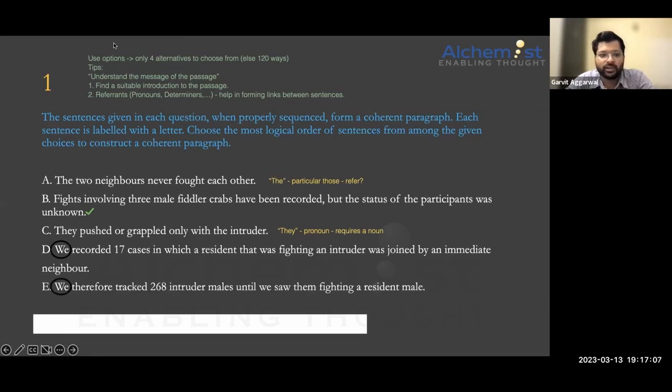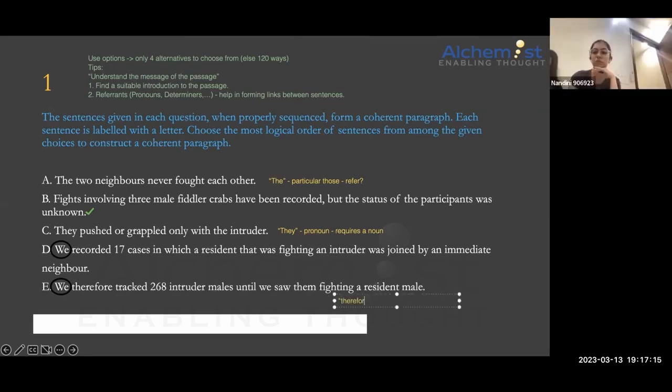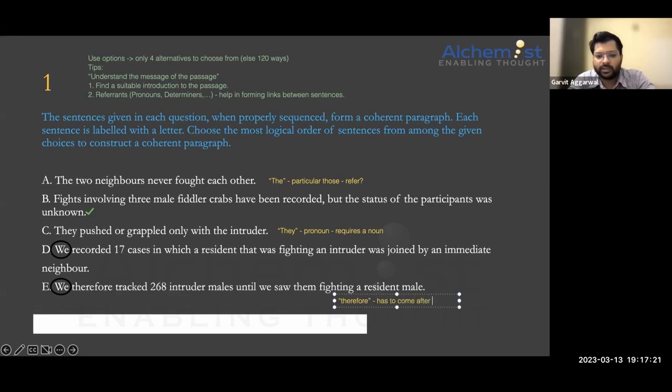We will see what this we refers to later. We therefore track 268 intruders. Can you see the word therefore? Therefore, that means it has to come after something that brings us to it.